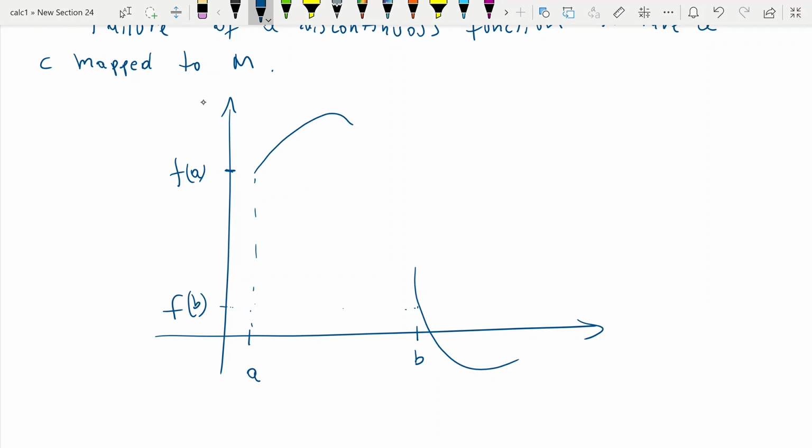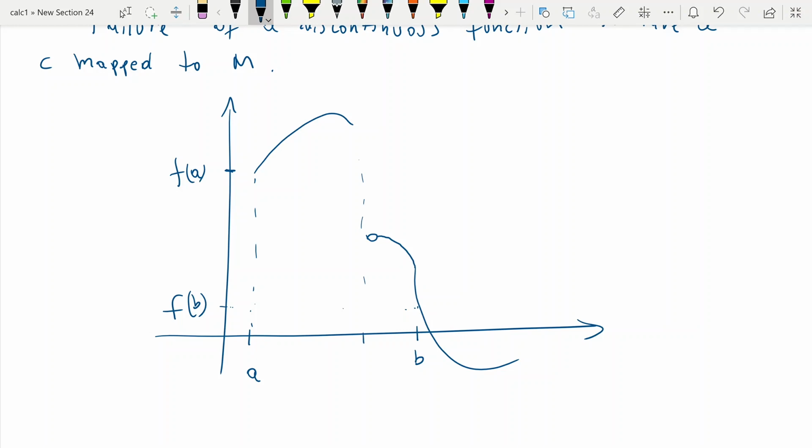Clearly this function here is discontinuous, so let's extend a little bit just to try to make sense of it. So there's a discontinuity at this point.